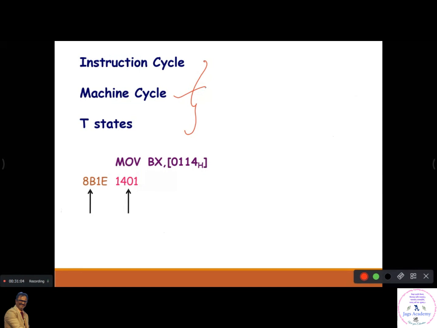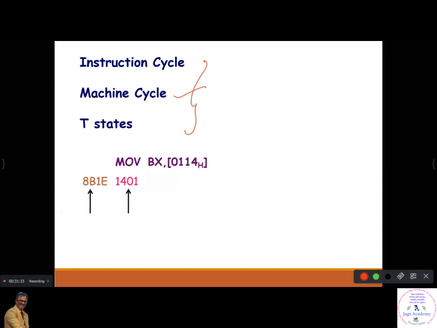Your instruction cycle is the time taken to fetch the instruction from the memory, plus, if there is any data transfer from memory to microprocessor or microprocessor to memory, that is also considered part of the instruction cycle.